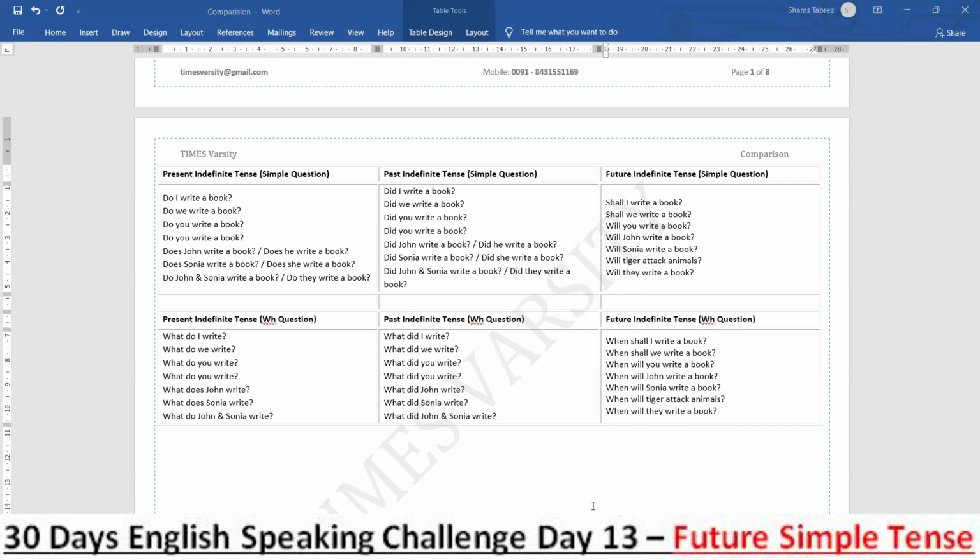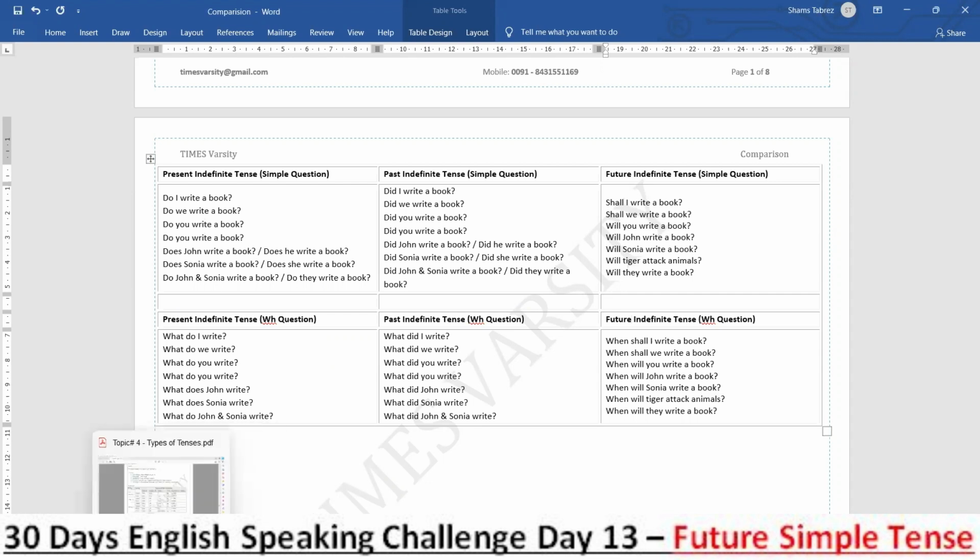Okay, right now this completes our future indefinite tense.